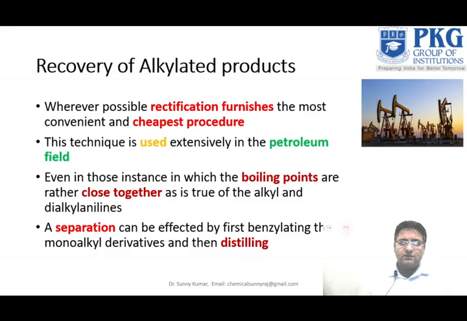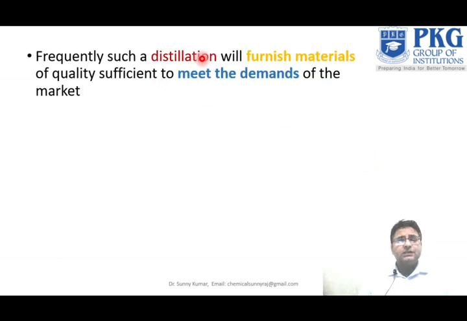If you see, these are the petroleum wells that generally use these reactions extensively, and distillation we generally use for the separation of this. These are the schematics. Frequently such distillation will furnish material of quality sufficient to meet the demand of the markets. So you know what distillation is. Generally distillation is a mass transfer operation where two or many liquids can be separated thermally.